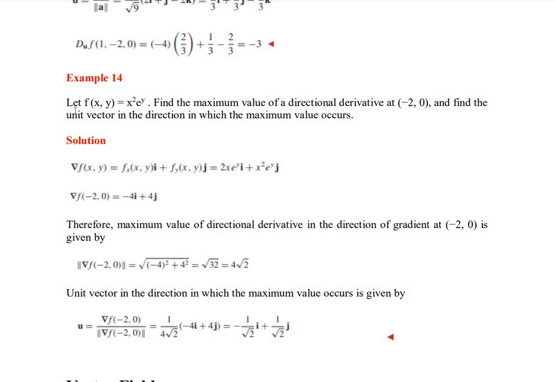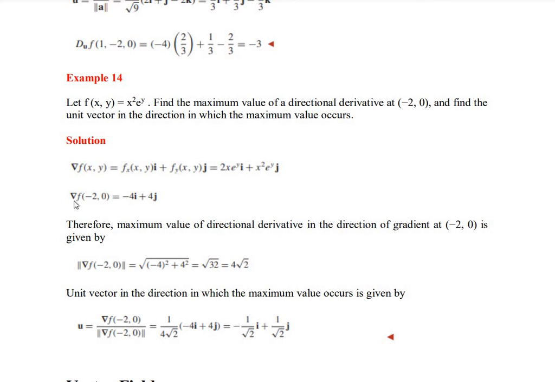Next one: let f(x, y) = x^2 e^y. Find the maximum value of the directional derivative at (-2, 0) and find the unit vector in the direction in which the maximum value occurs. So the gradient of f(x, y) is f_x(x, y) i cap plus the partial derivative of f with respect to y into j cap.